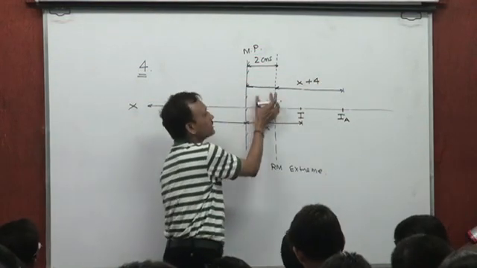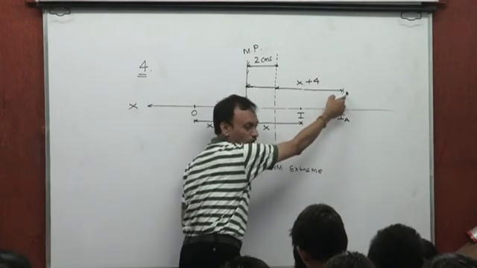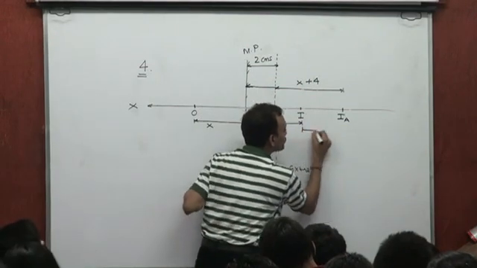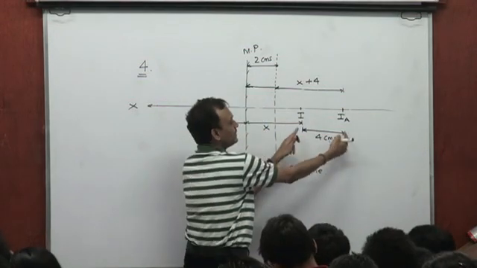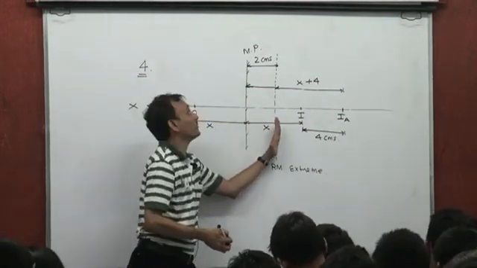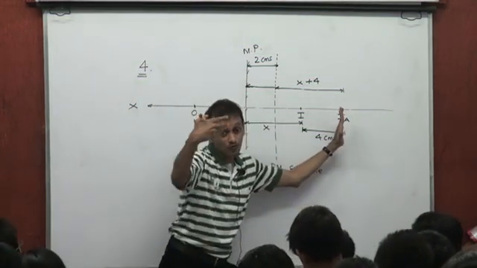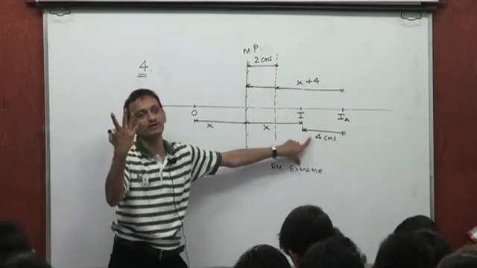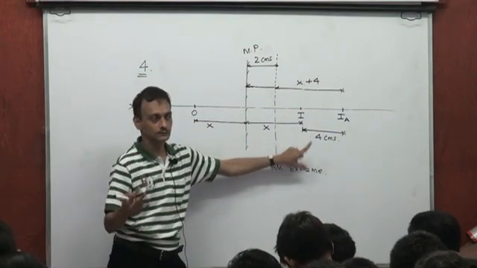Another 2 centimeters. So the distance from the original position of the mirror of the final image would be x plus 4. And therefore, this would be 4 centimeters. That means when the mirror has moved by its amplitude 2 centimeters, the image has moved by 4 centimeters. That means the amplitude of the image must be 4 centimeters. Got me?